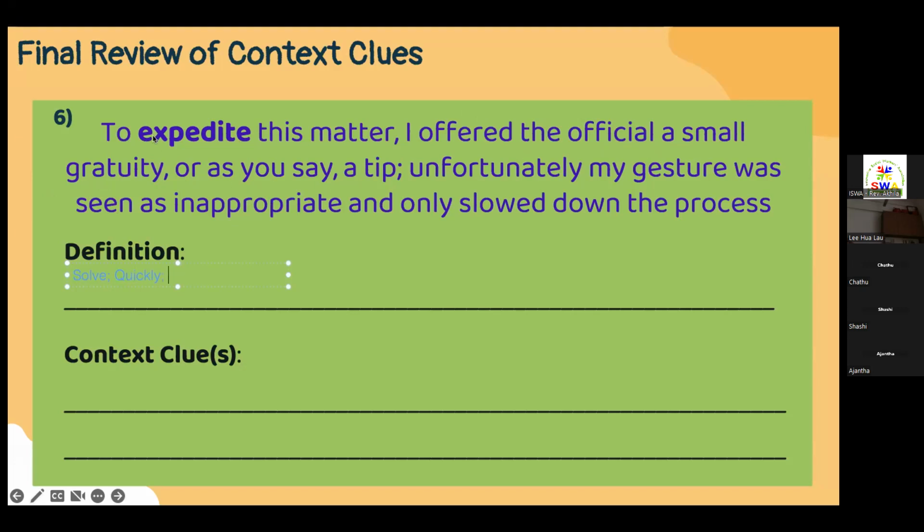That's not related to this. That's just saying that this is not right in this situation. So does anyone else want to figure out which context clue is being used here? Because he said that this was inappropriate and slowed down the process.